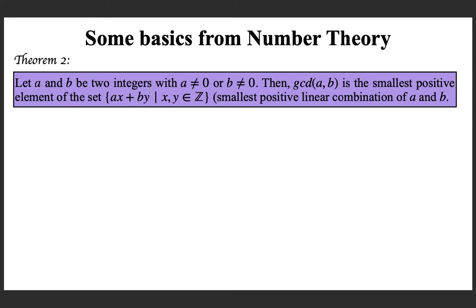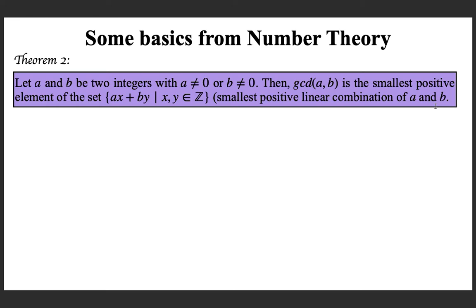Note that Ax plus By is the linear combination of A and B. So we are claiming that GCD of any two numbers A and B when one of them is non-zero is the smallest positive linear combination of A and B, which is a very strong result.